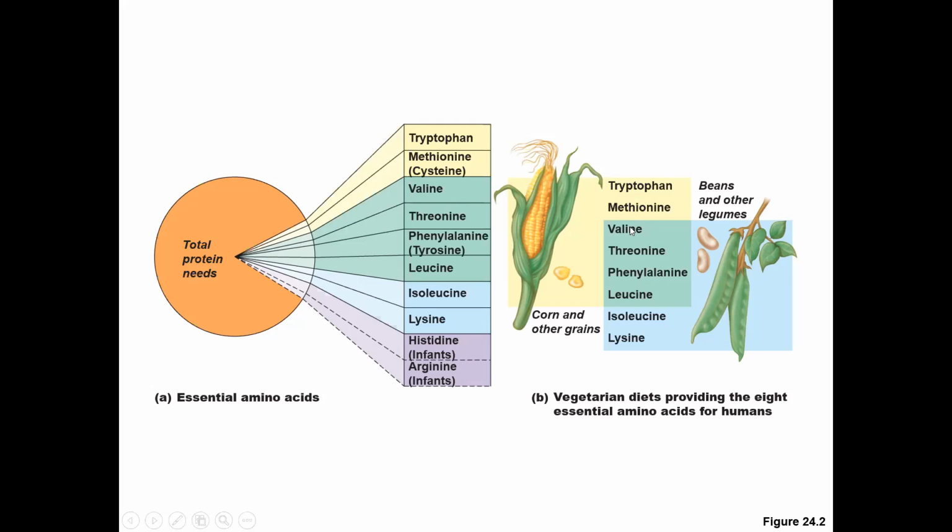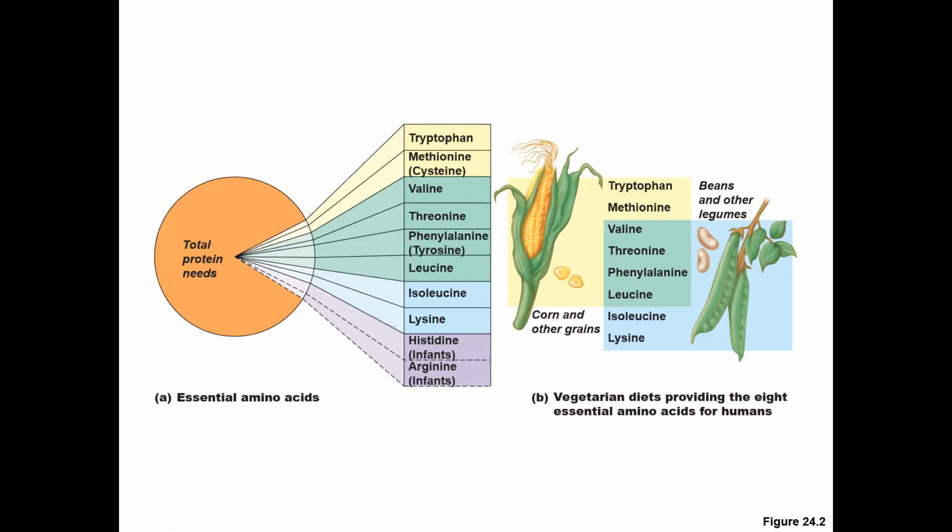Beans give us valine, threonine, phenylalanine, leucine, isoleucine, and lysine. Those two plants, there's the overlap.